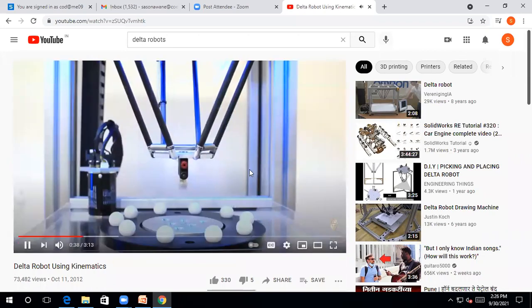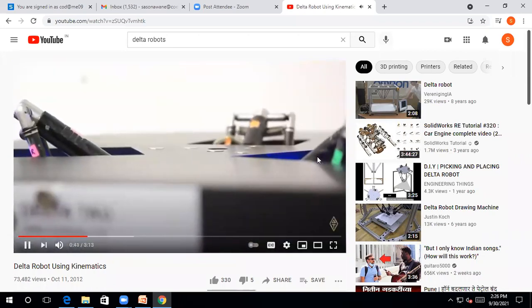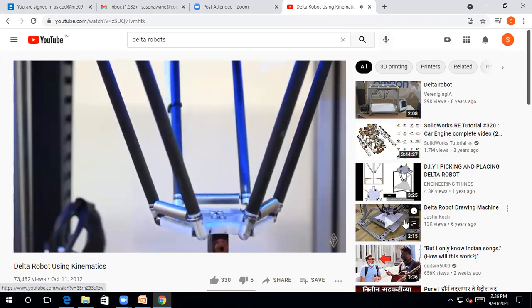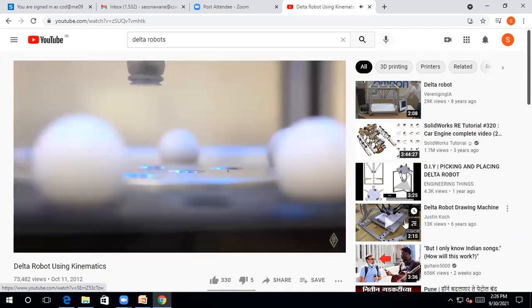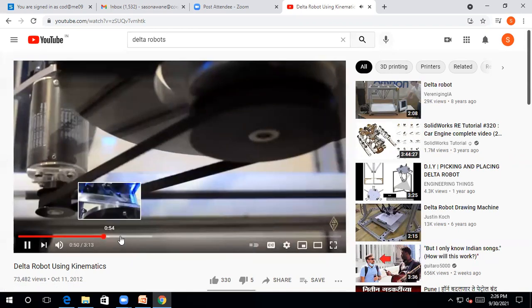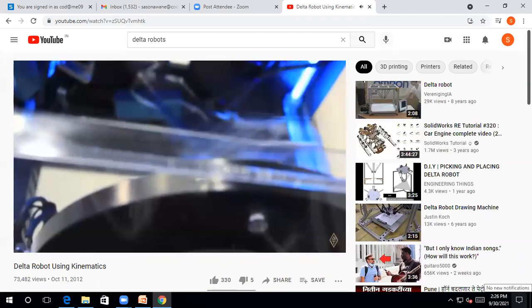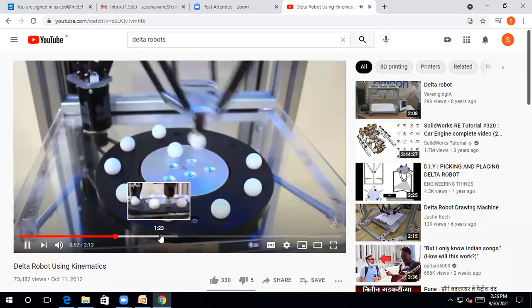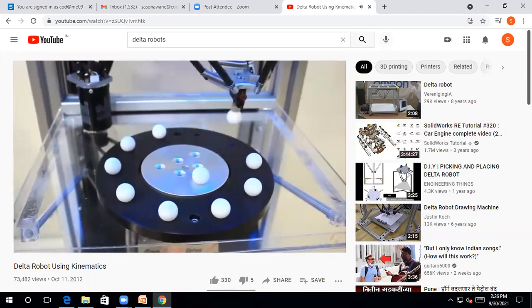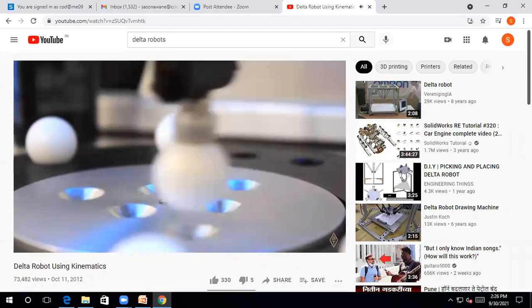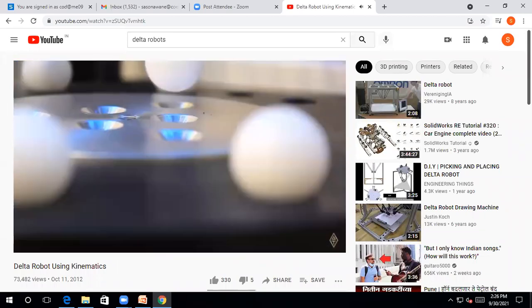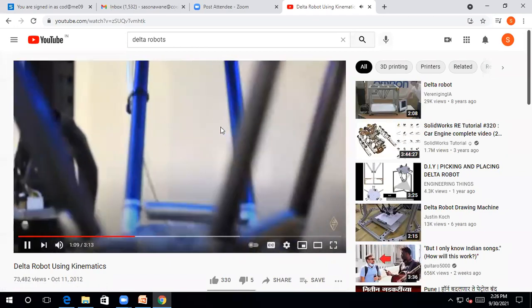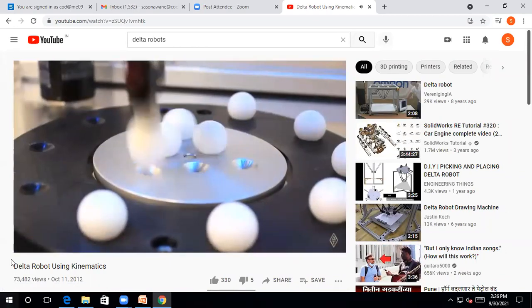See now how this Delta robot is working. See how Delta robot is working. Now this is the Delta robot.